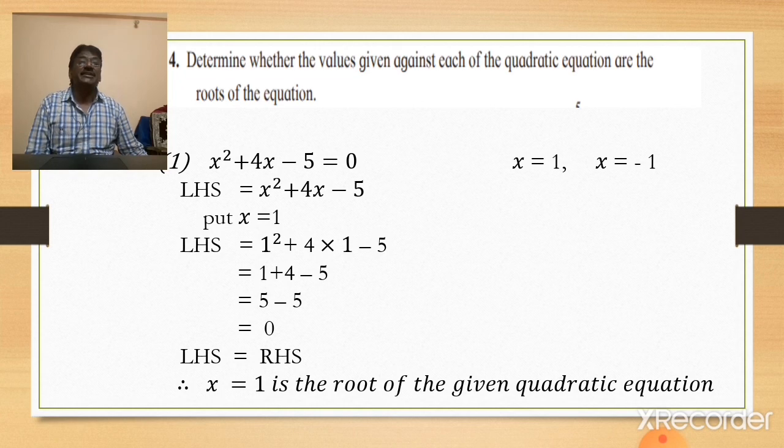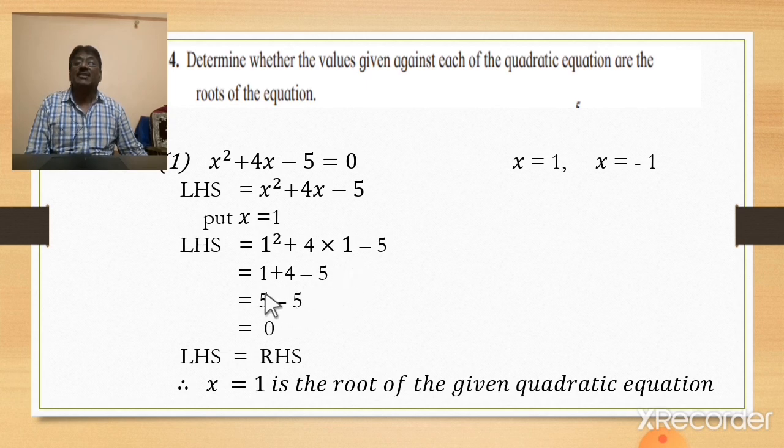First we take the LHS of the given quadratic equation, and that is x square plus 4x minus 5. Now put x equal to 1. Then we get 1 square plus 4 into 1 minus 5. Now the square of 1 is 1, 4 into 1 is 4, and minus 5 as it is.